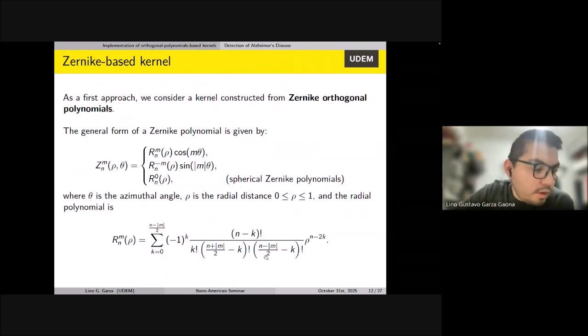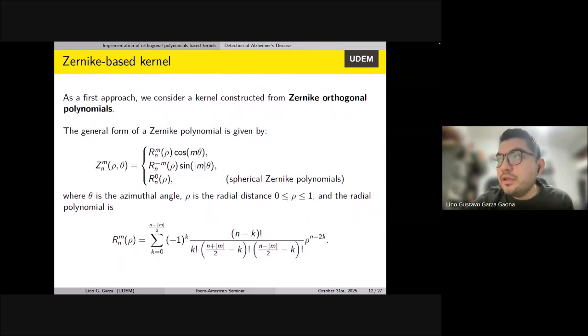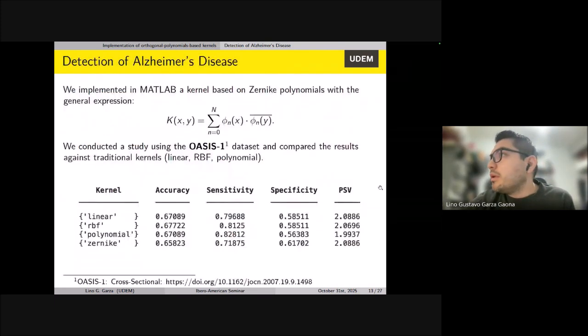So we take these Zernike polynomials and we construct a kernel using them. These are general functions. Here, these 5 functions are based on the Zernike polynomials. We implemented this in MATLAB, and we use some data set given in this base, OASIS-1.